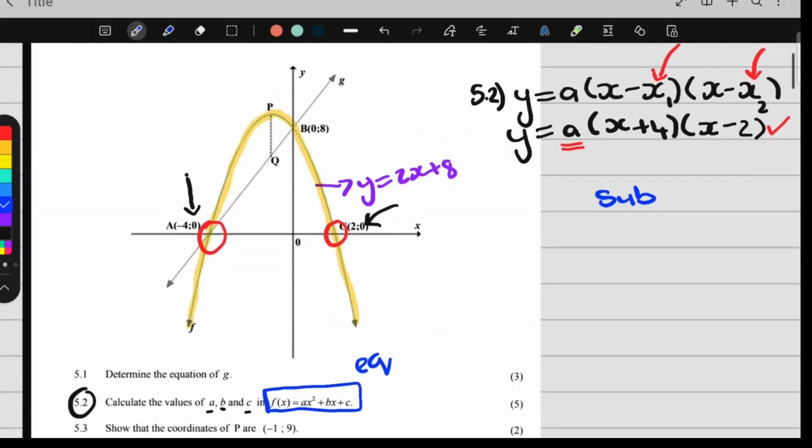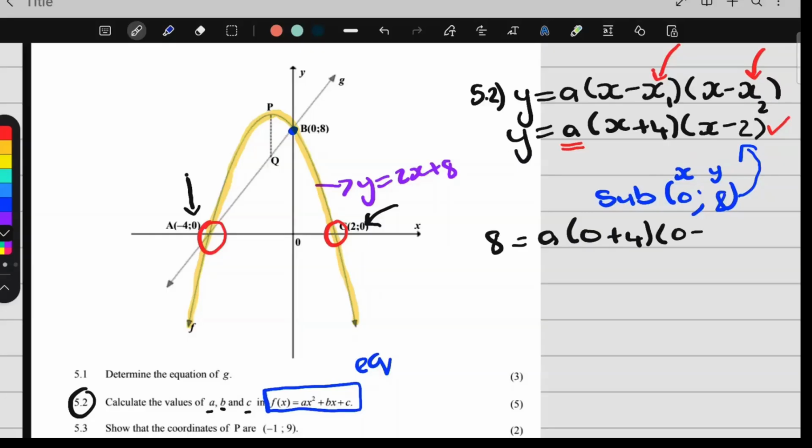When you look at the yellow parabola, this B is on the parabola. 0 and 8. So we're going to sub in 0 and 8. So my x becomes 0 and my y becomes 8. It starts with y, so I must write 8 is equal to a. There's an x, so 0 plus 4. There's another x, 0 minus 2.